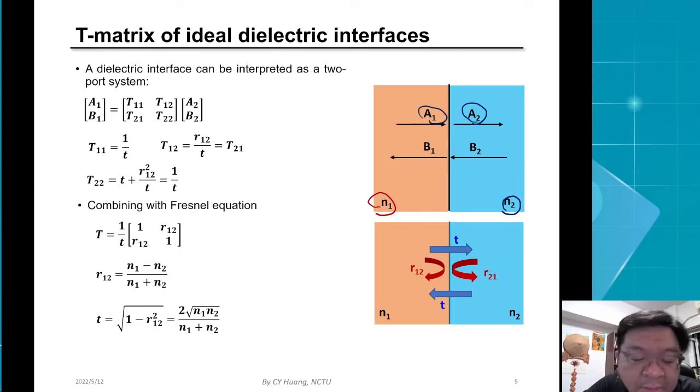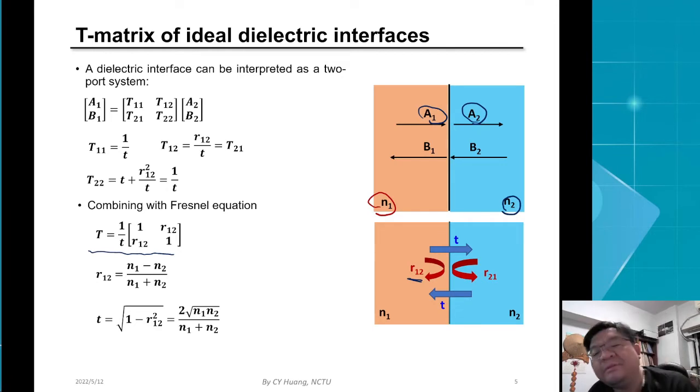According to the Fresnel equation, we can find that the transmission matrix elements could be written as something like this, where T is the transmissivity of the power from one side to the other, and R is the reflectivity of the input power.